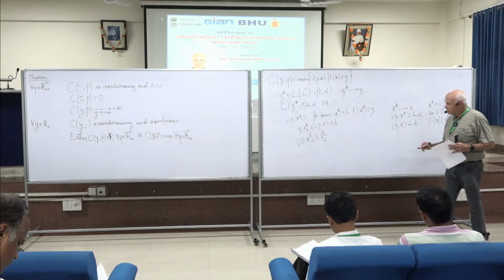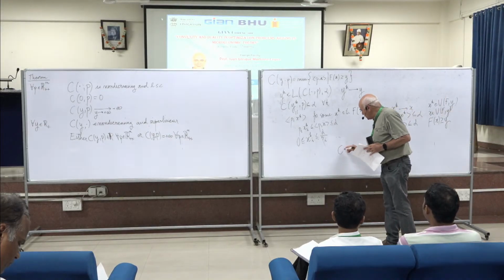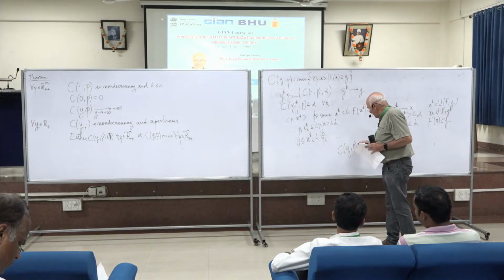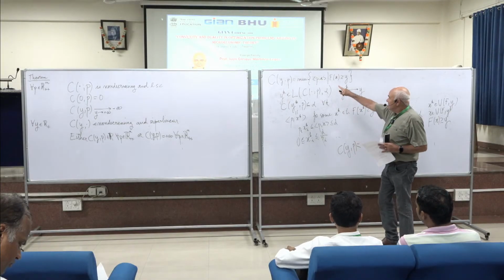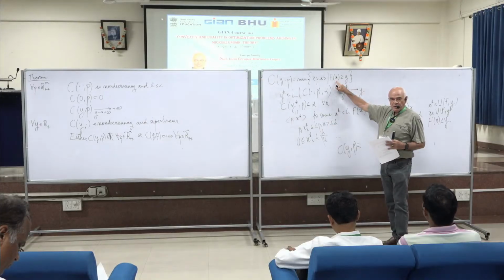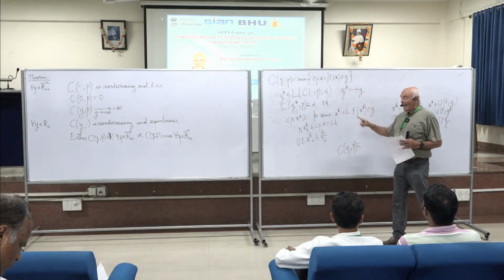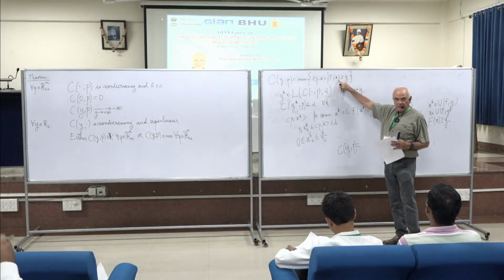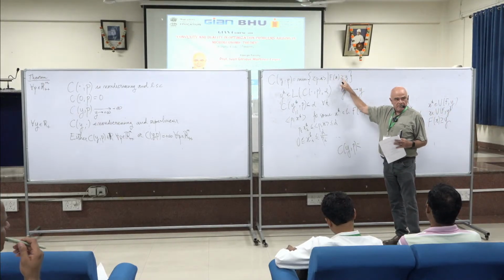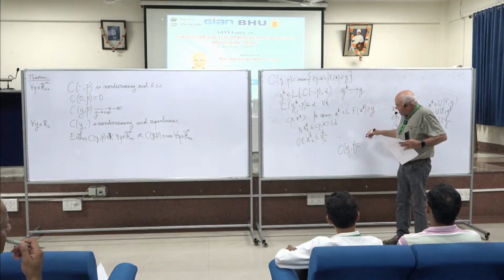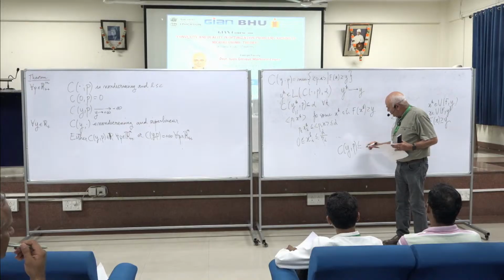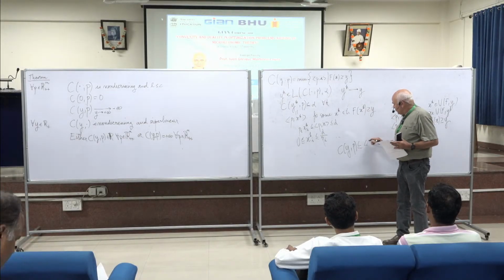Now, what can you say about C of yp? Because of this definition of C of yp and the fact that x satisfies this inequality, x is a feasible element here, so the minimum is less than or equal to the value corresponding to some feasible value, in particular to px.